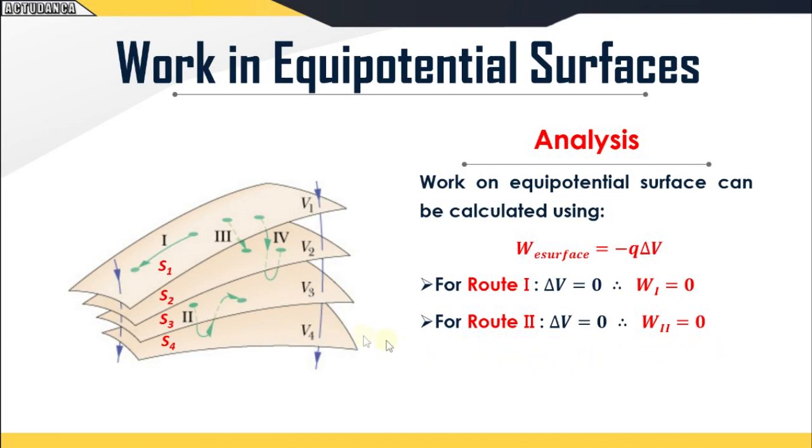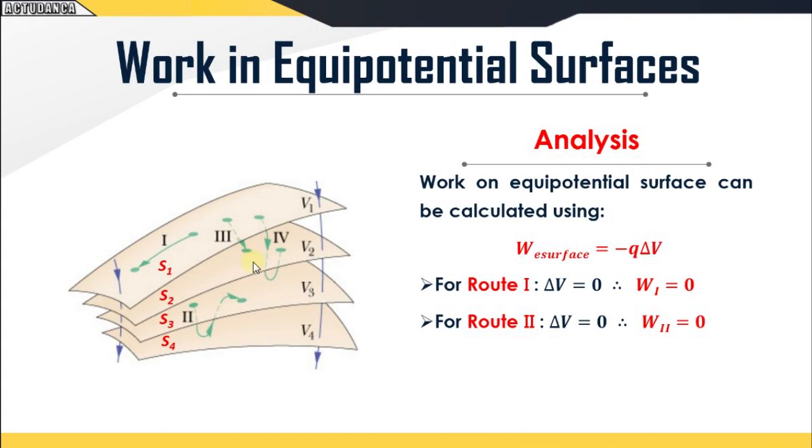So looking naman sa ating route number 3, we have an initial point of surface 1. So nasa surface 1 ang ating initial point or starting point. And nag-penetrate siya sa ating surface 1, landing on surface number 2, wherein ito na ang ating final destination. With this, hindi na nasa isang plane ang ating dalawang points.